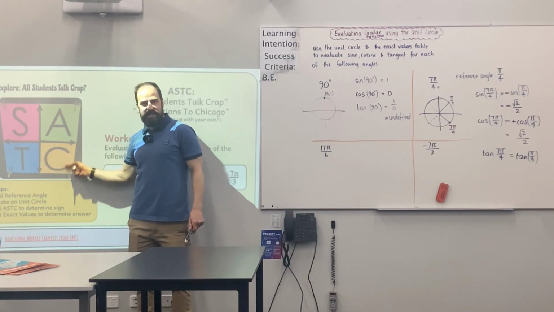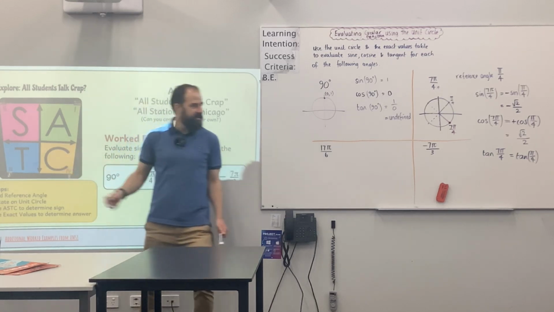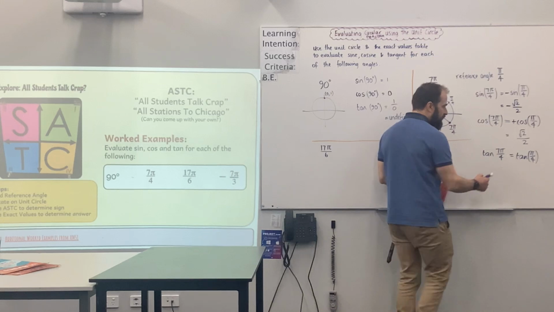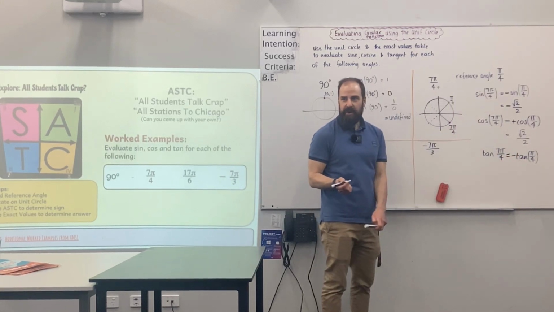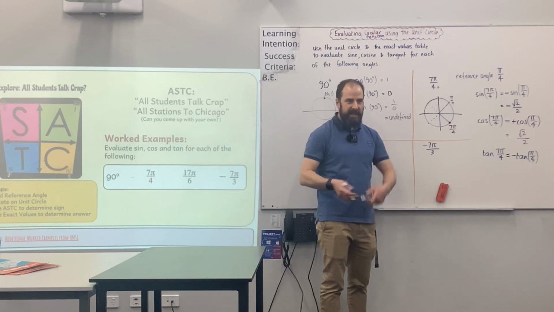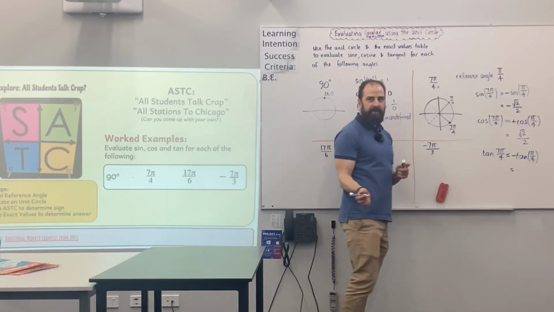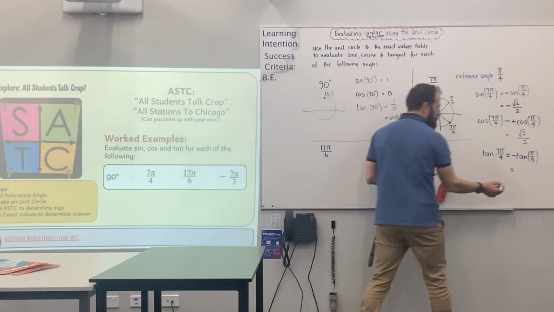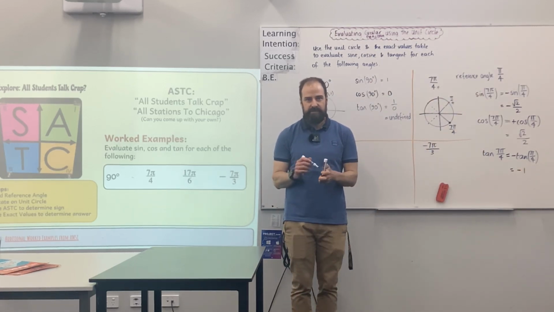In the fourth quadrant, is tan positive or negative? Negative. Only cos is positive over here. So tan of 7 pi on 4 is the same as negative tan of pi on 4. And then I look up my exact values table. What is tan of pi on 4 in our exact values table? It is 1. So that is my answer.